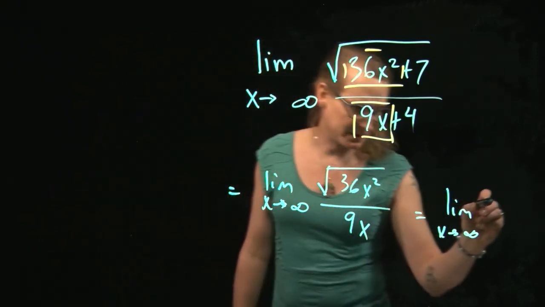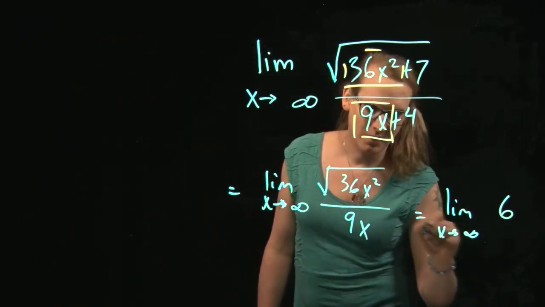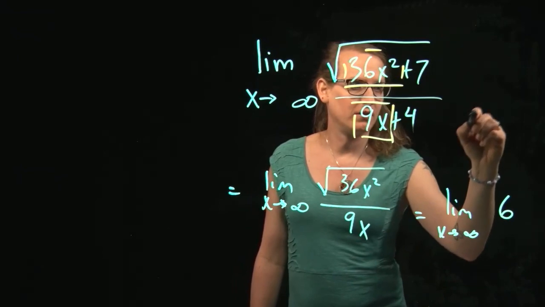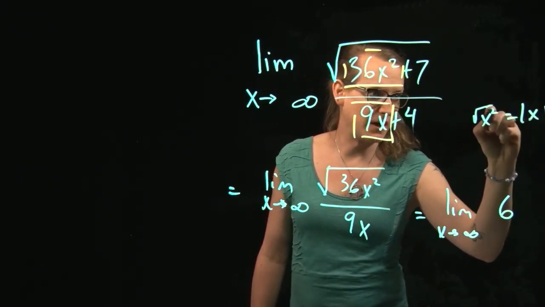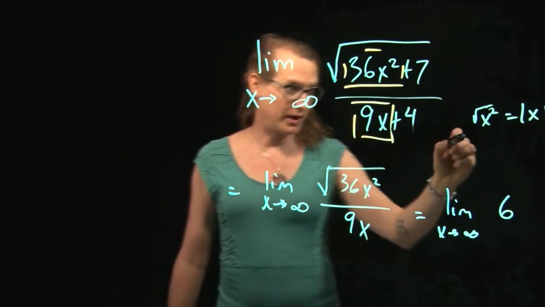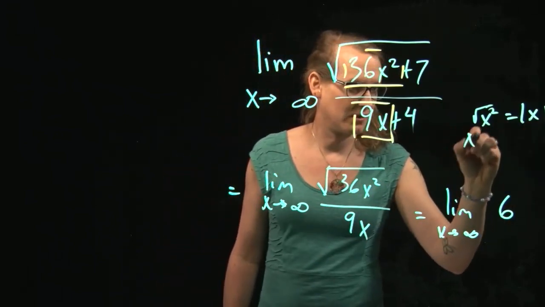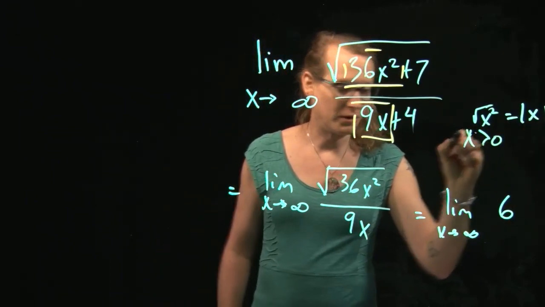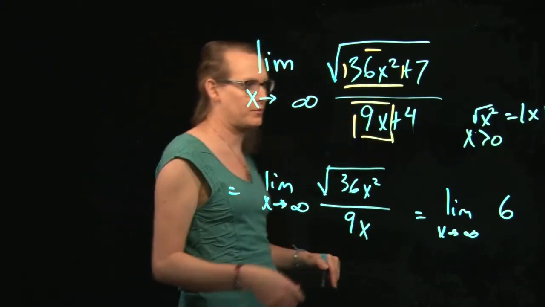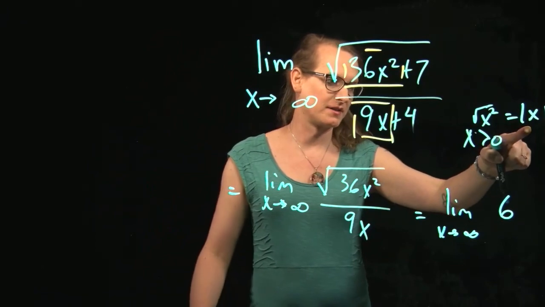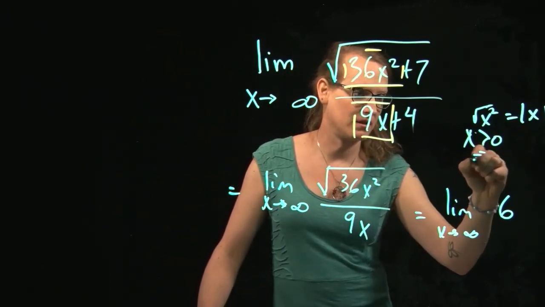So it's 6. The square root of x squared is the same thing as the absolute value of x, but x is positive. How do I know that? Well, it's going toward positive infinity, so I'm just going to ignore the negative numbers, which means that the absolute value of x is x.